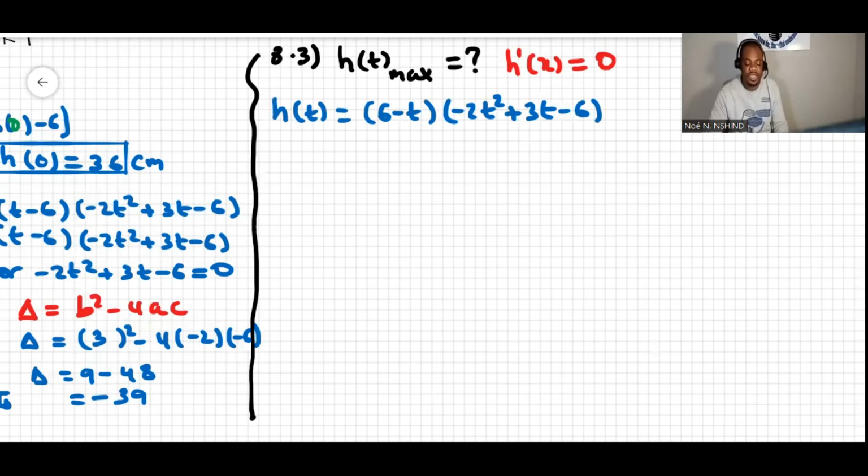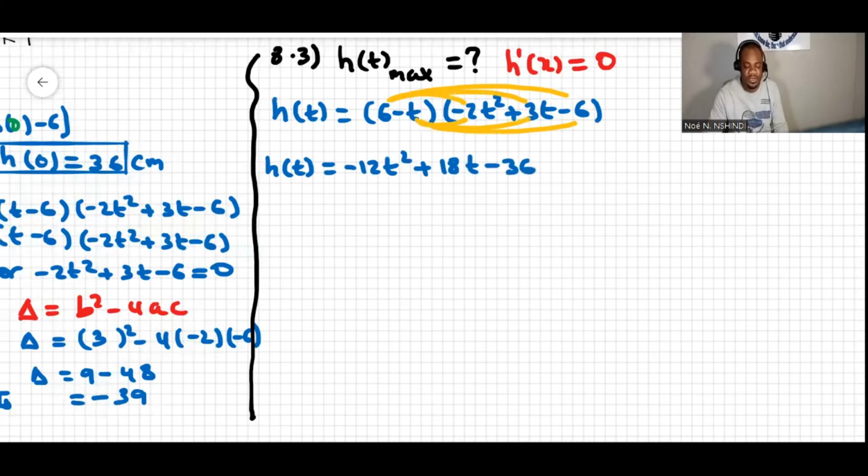We can solve this by multiplying each term with each term. Then h of t will be equal to 6 times that makes negative 12t squared, plus 18t, and negative 36, and then negative 2t cubed, and t times that is 3t squared, and then negative 60. That's the product. I expand it first, and then we can differentiate each term.